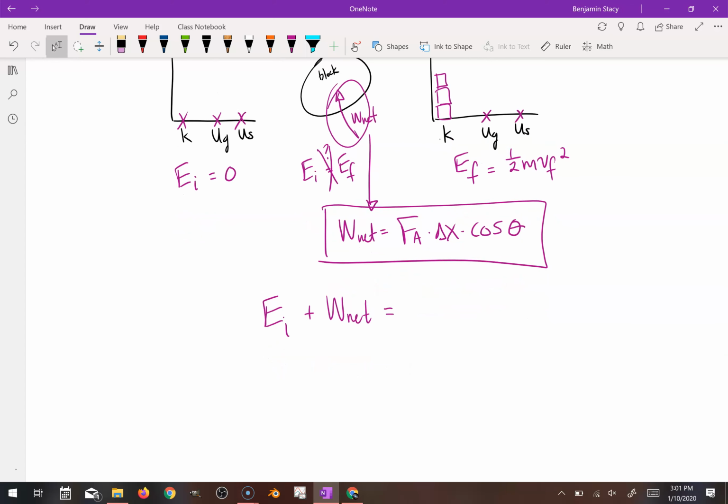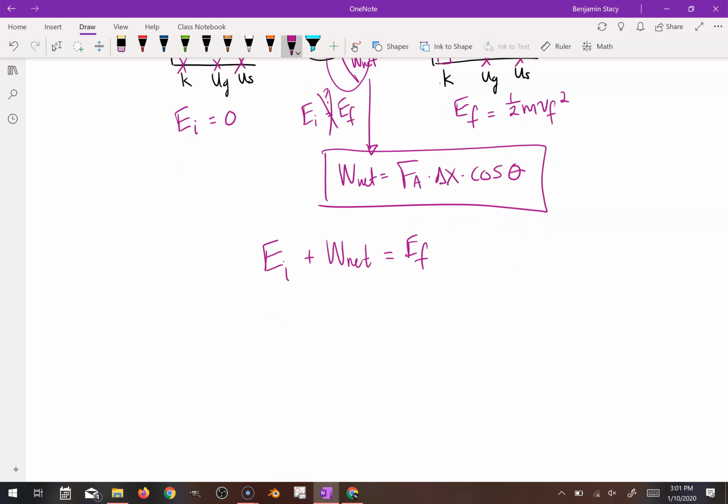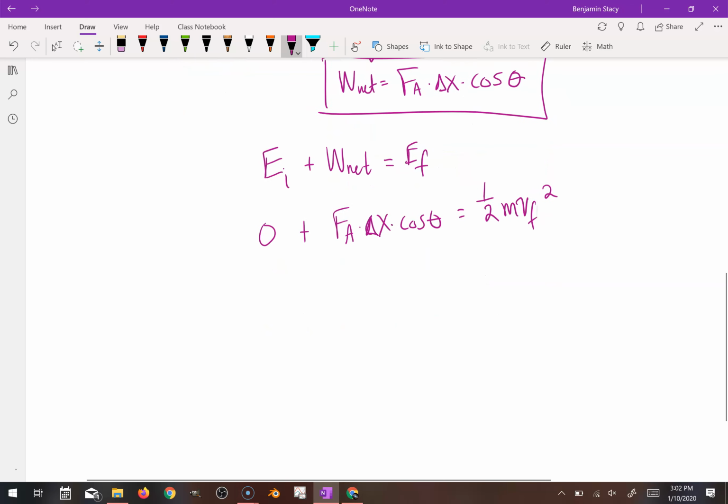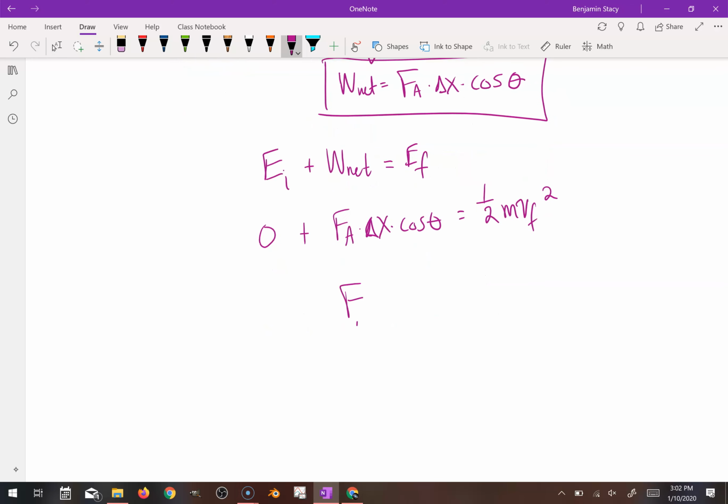Initial energy is 0, plus net work, FA times delta x times cosine theta, equals final kinetic energy, 1/2 m v final squared.